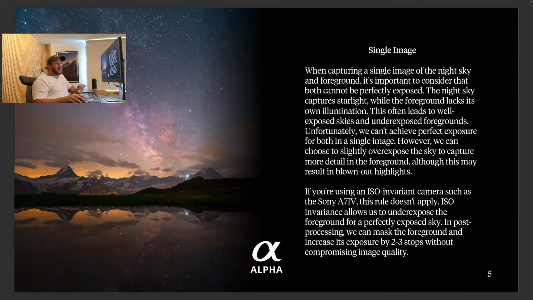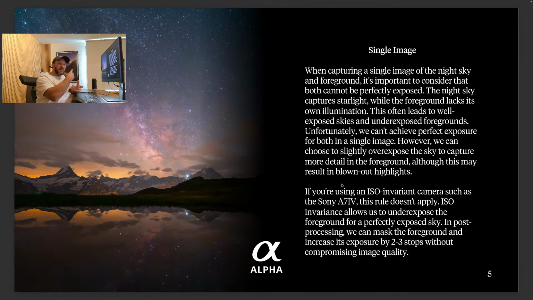The great thing, and I've written a small note down here, is if you're using an ISO invariant camera. If you don't know what that term means, you can look it up online. But the Sony A7 IV, the camera I was talking about, and most Sony cameras are ISO invariant, which basically means we can underexpose our images. They can be a bit darker, and I'll also show you an example later.